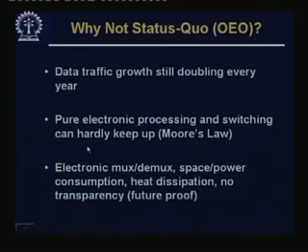So, why not keep the status quo, that means doing the switching in the electronic domain only? Well, the trouble is that data traffic growth is still doubling every year, and this, mind you, is different from the computing domain.